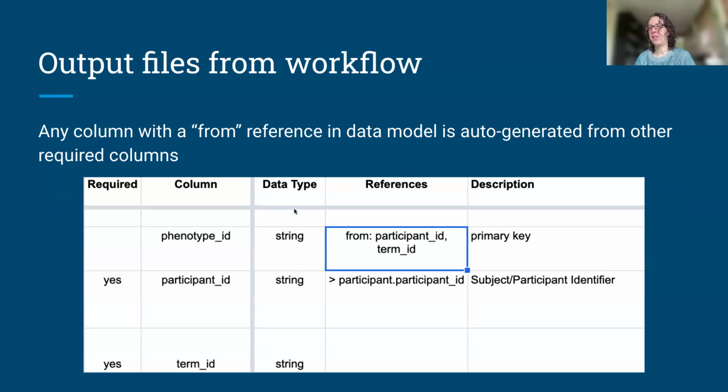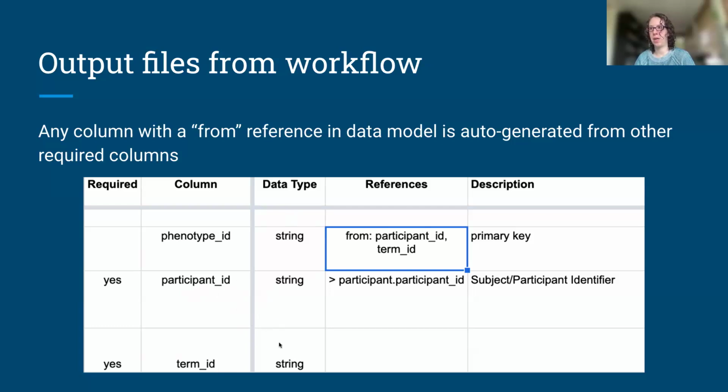One convenience feature of this workflow is for a table that doesn't have an obvious primary key. For example, the phenotype table has a participant ID to reference the participant, but a participant can have multiple phenotypes that are represented by the term ID. So the primary key for this table is constructed out of both the participant ID and the term ID.